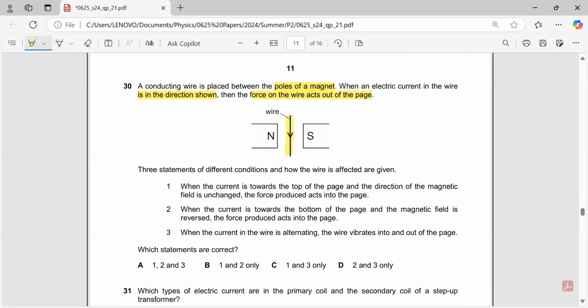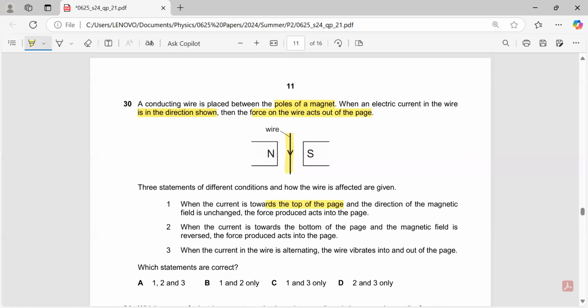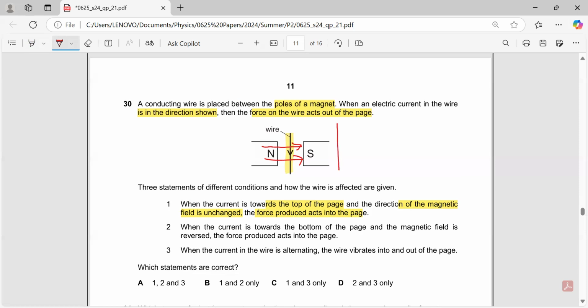Number one, when the current is toward the top of the page and the direction of magnetic field is unchanged, the force produced acts into the page. Now, you know that there is one concept here. The magnetic field is right now from north towards south. In the first statement, they are saying that we are not going to change it, but they are just changing the direction of current.